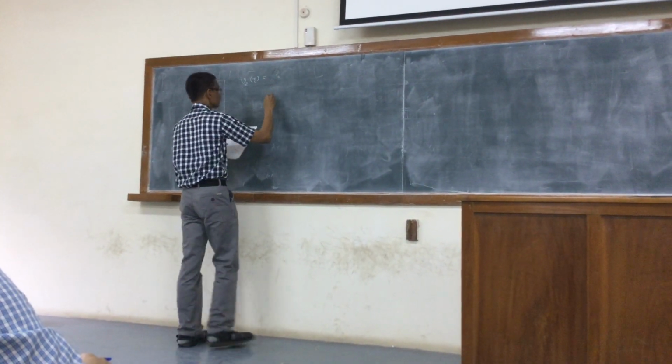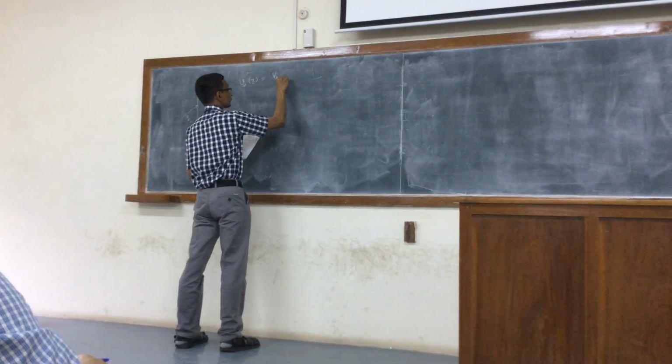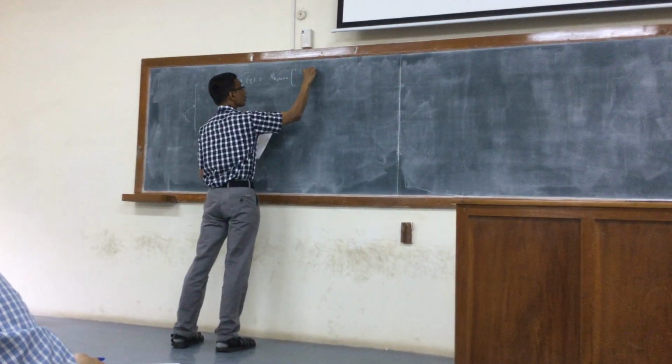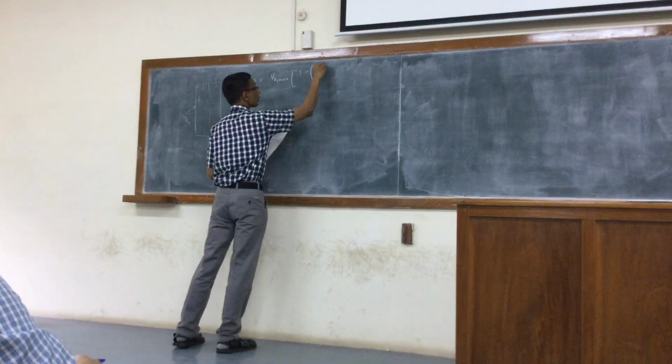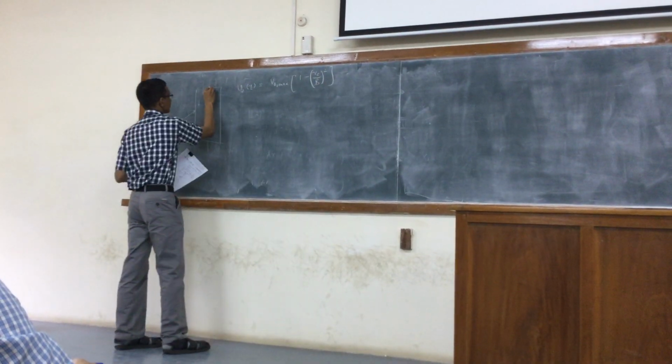So the velocity profile in this case is given by this. You can write this as Vz max, where capital R is the radius of the cylinder.